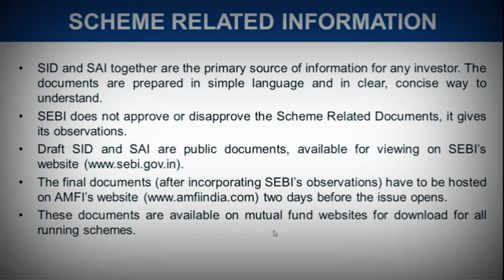So it is going through certain processes. It would be available on SEBI's website, it would be available on AMFI's website, and very easily it would be available wherever you have invested as an investor. For example, if you have invested through SBI Mutual Fund, you can get it on their website, that is sbimf.com.